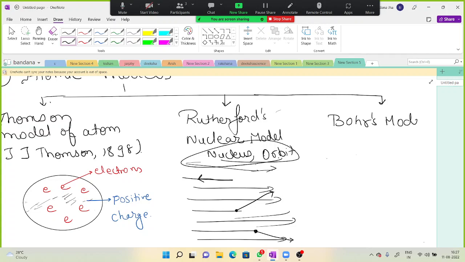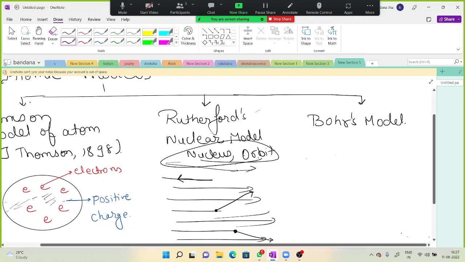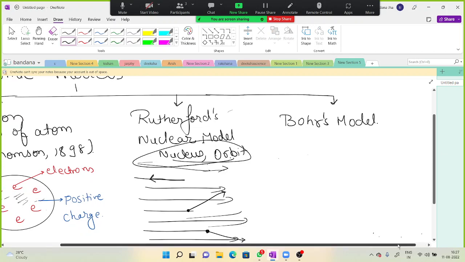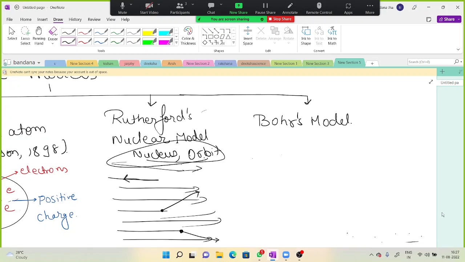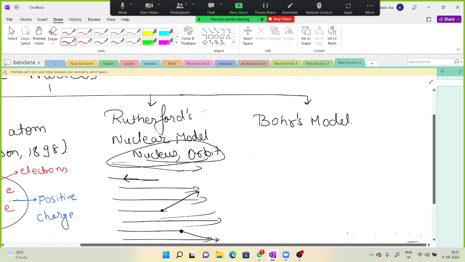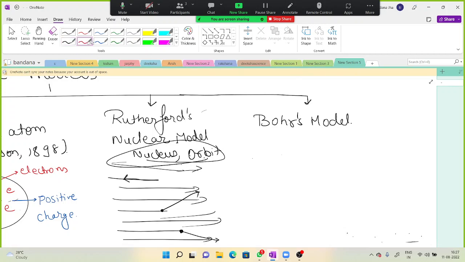Bohr's model. So according to Bohr, this is a very improved model.